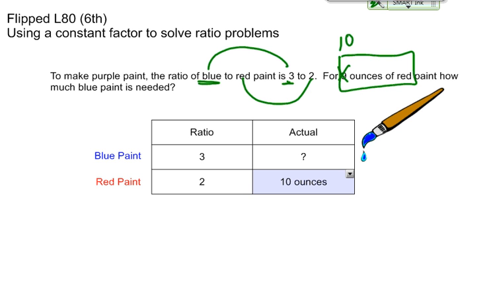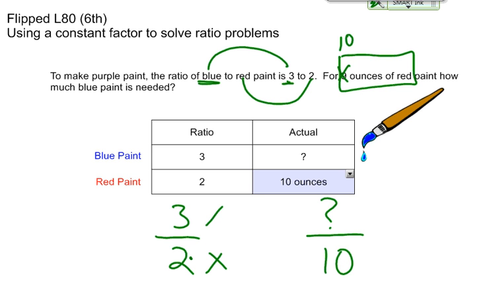Since we're dealing with ratios, like I said, really we're dealing with equivalent fractions. So we have a 3/2 fraction, because that's one way that we can write a ratio. And now we have a question mark over a 10. What we need to figure out is how this 2 becomes a 10.